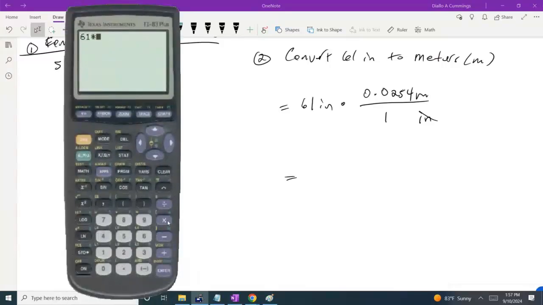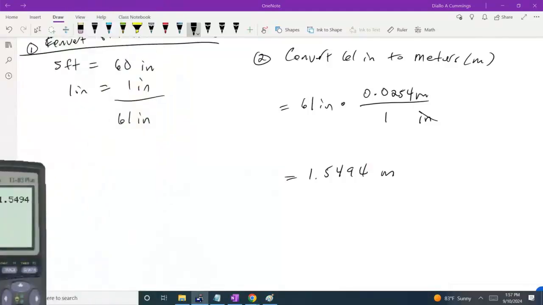So that's 61 inches times 0.0254. That equals 1.5494 meters.